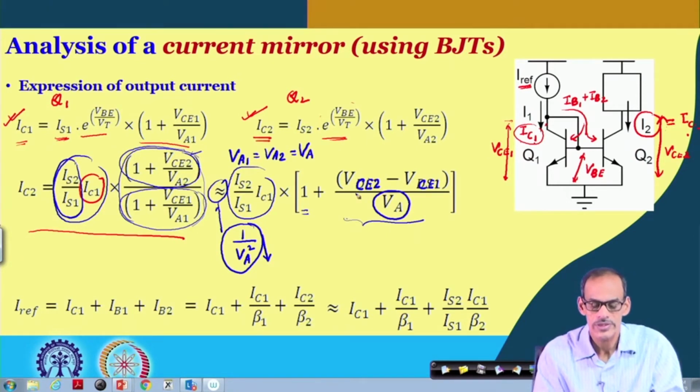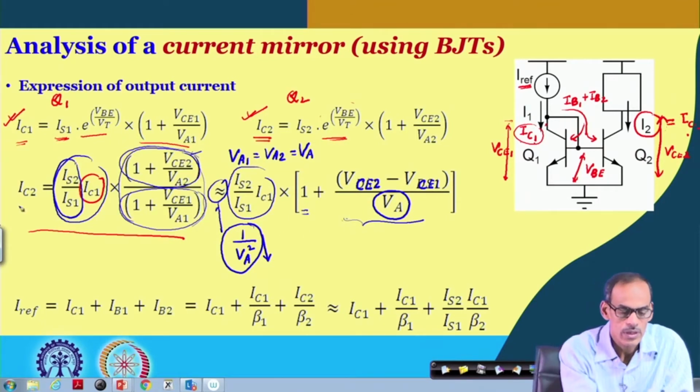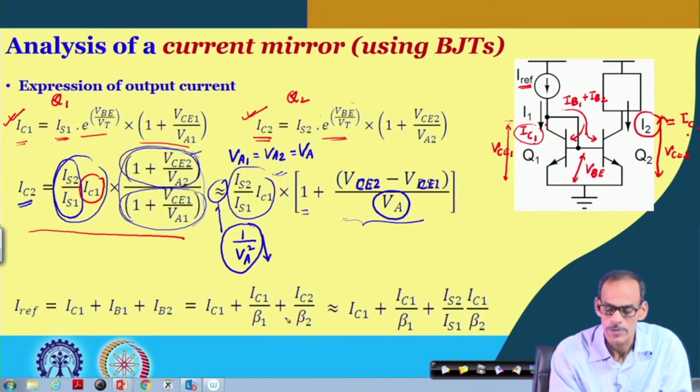Typically this early voltage is very high, and we may assume that IC2 is approximately equal to this one.